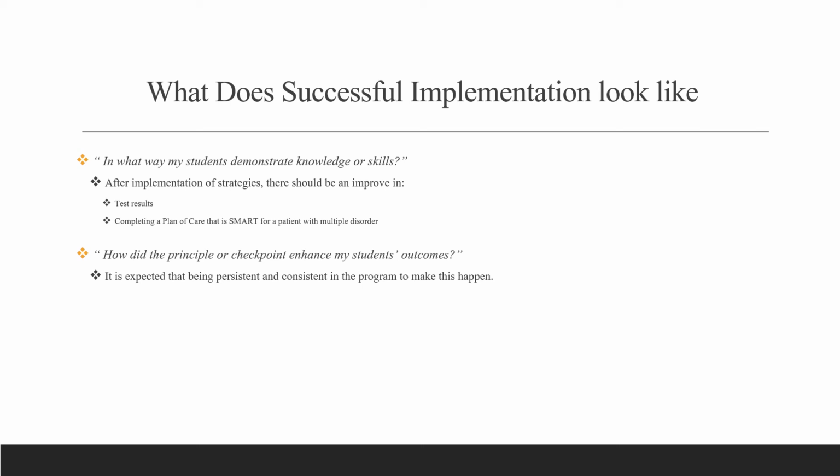So for successful implementation, the first data that we have is the test result. If the test results are higher, that means we were successful in teaching the concepts and making sure the students understand and comprehend the concepts.